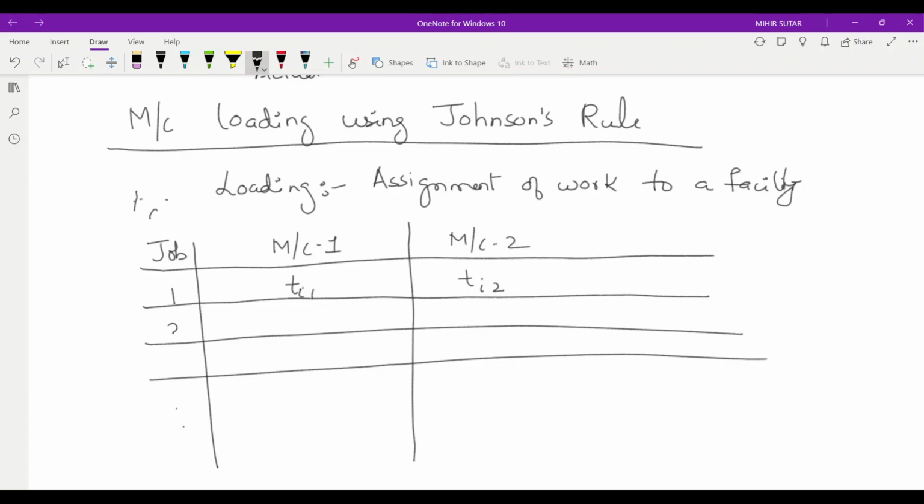Similarly for job 2 it is T21, T22. Likewise up to n jobs, it will be Tn1 and Tn2.